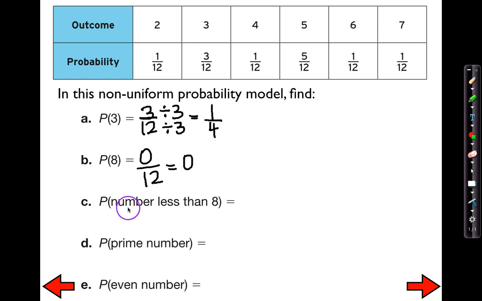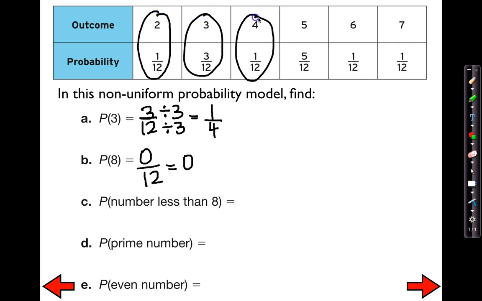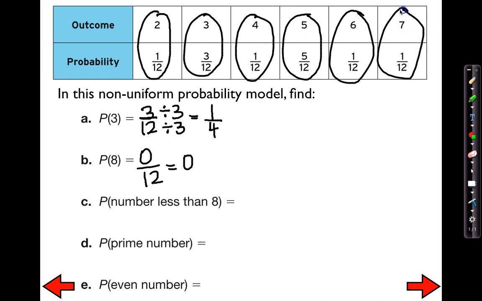Okay, now what's the probability of it being a number less than 8? Well, 2 is less than 8, 3 is less than 8, 4 is less than 8, 5 is less than 8, 6 is less than 8, and 7 is less than 8. So here, it would mean 1/12 for the 2, 3/12 for the 3, 4/12 for the 4.